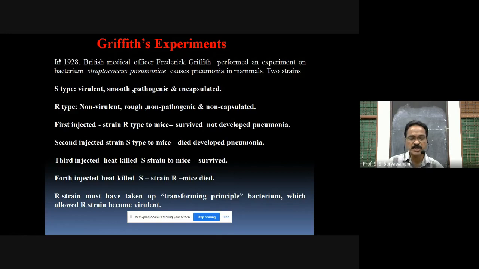And pneumonia, you must know this type of disease nowadays in COVID-19. It is a very serious disease where the respiratory tract is totally infected with this bacteria and that person cannot breathe properly.